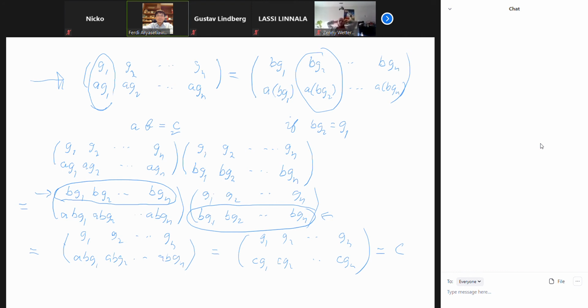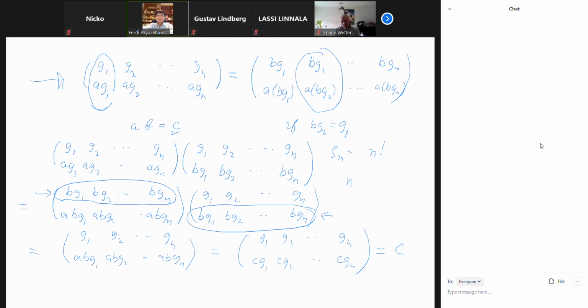Yes, this is a subgroup of the permutation groups. I mean, in general, you will have n factorial elements for Sn. The elements in the multiplication tables, of course, only n. So the number of elements is usually less than the number of elements in the permutation groups.